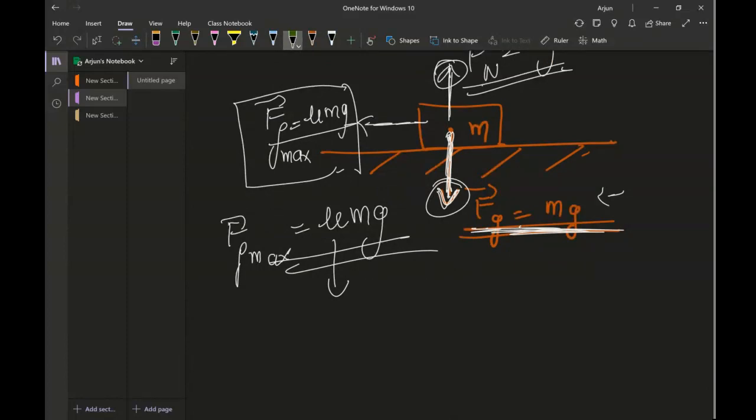This value can vary depending upon what kind of surface it is, and what kind of surface the other material has. Depending upon those conditions, the mu value will change. Now, when to use this formula?